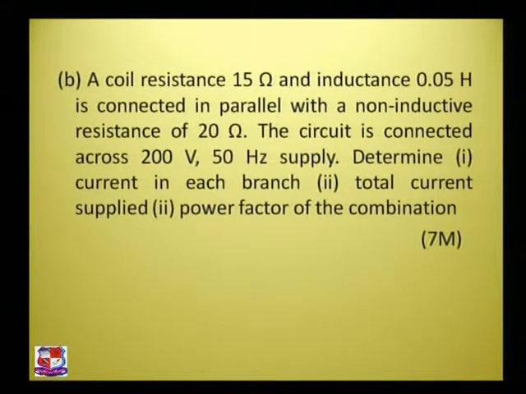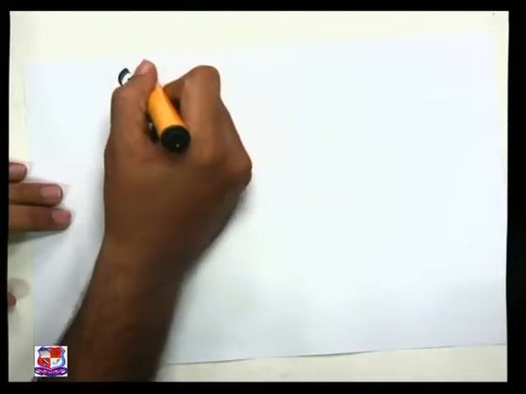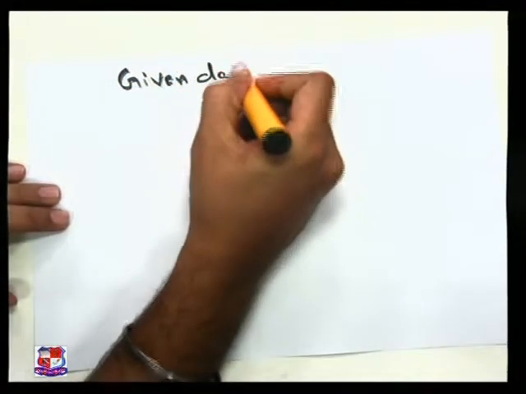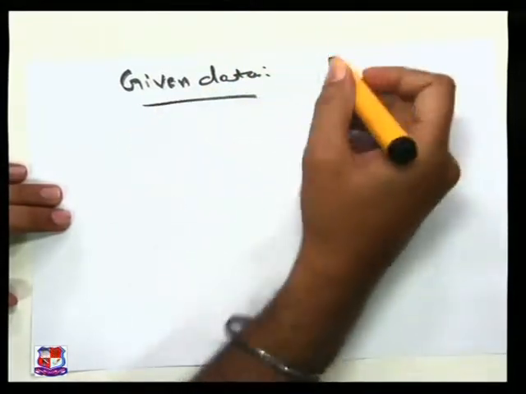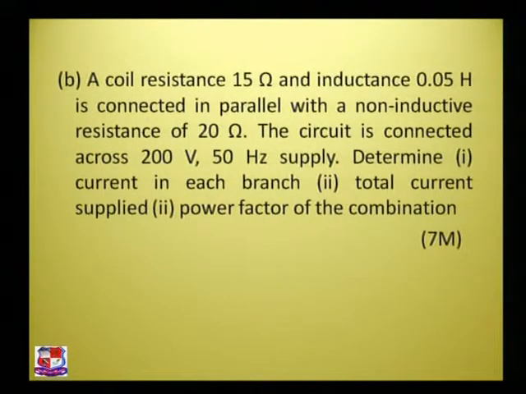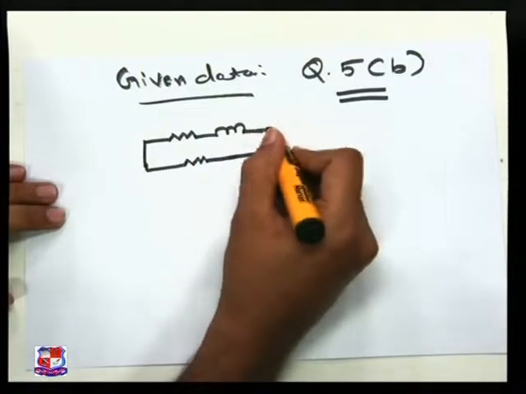Question 5B is a numerical. Given data: first of all we have to draw a circuit. We have a coil of resistance 15 ohm and inductance. This is connected in parallel with a non-inductive resistance.